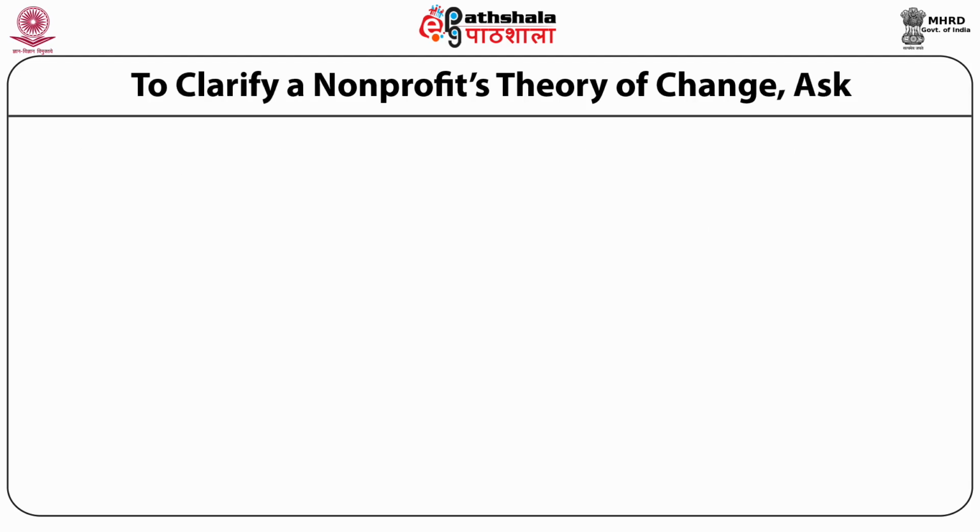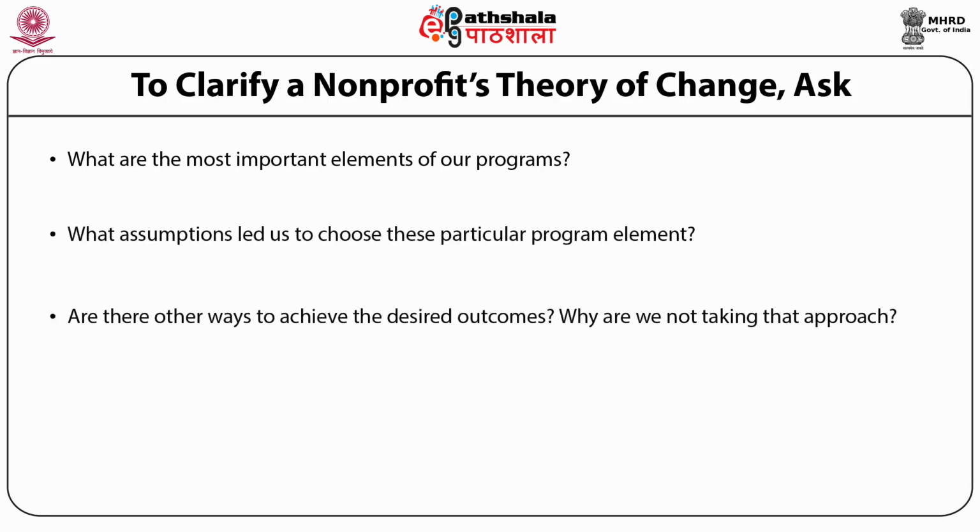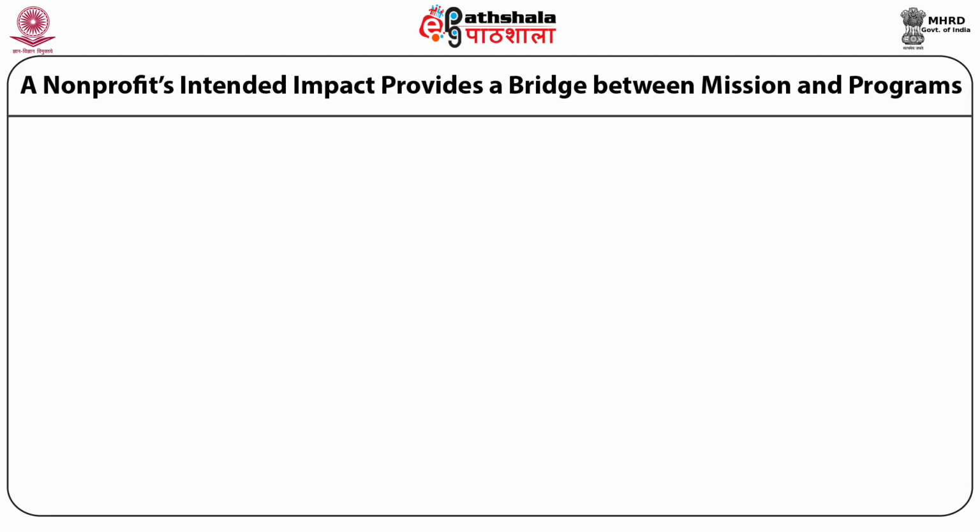To clarify the non-profit's theory of change, the stakeholder has to ask, what are the most important elements of our program? What assumptions led us to choose these particular program elements? Therefore, a non-profit's intended impact provides a bridge between mission and programs.